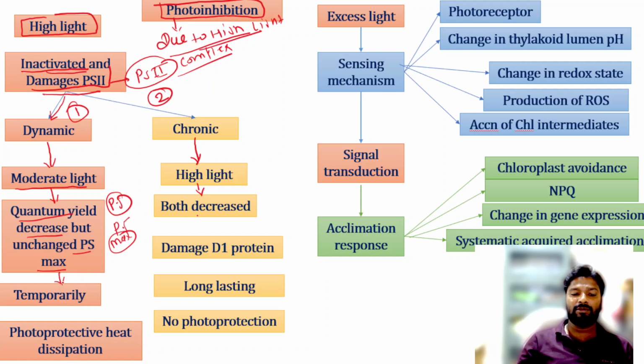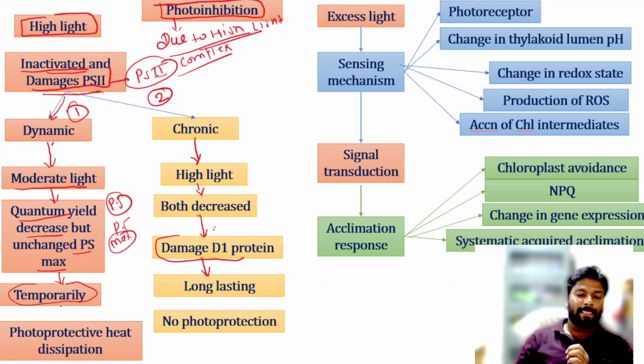Dynamic photoinhibition is a temporary process: when there is high light there is dynamic photoinhibition, but after the recovering phase, plants will recover. But in chronic photoinhibition, there is damage to D1 proteins, which are engaged in the PS2 complex. And when there is damage to the D1 proteins, this is long lasting.